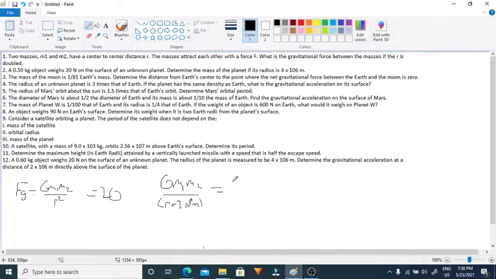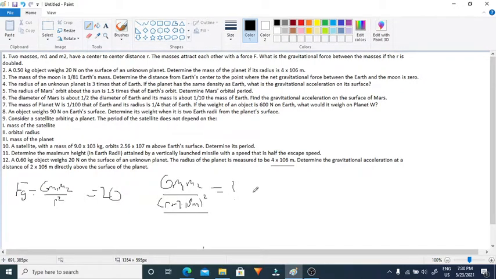What does this equal now? And once we find this, we'll be able to find the gravitational acceleration. So what we'll actually notice is the initial radius is 4 times 10 to the 6 meters, and the extra distance is 2 times 10 to the 6 meters, which is exactly 1/2 of this initial value. So this value here is just going to be the same as 1.5 times r.